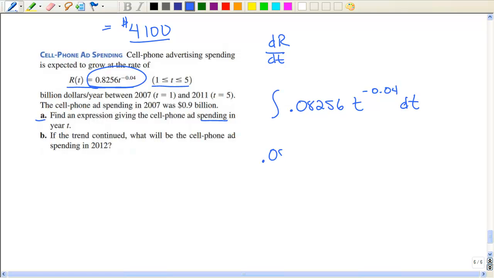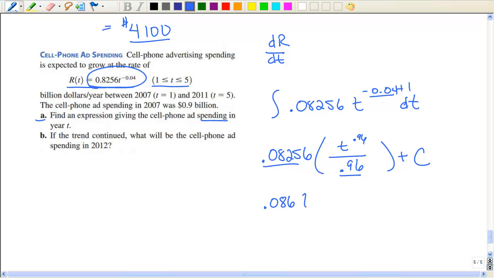I'm going to pull out this constant, and remember I'm going to add 1 to the exponent, so that's t to the 0.96, and then divide by that new exponent, and then I'm going to take my calculator and divide those two numbers. Comes out kind of nice. I have 0.086 t to the 0.96 plus c, and that's going to be my ad spending in year t.